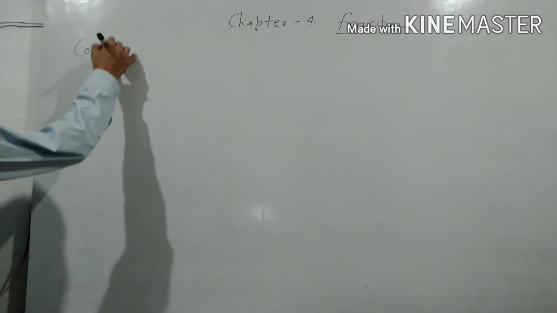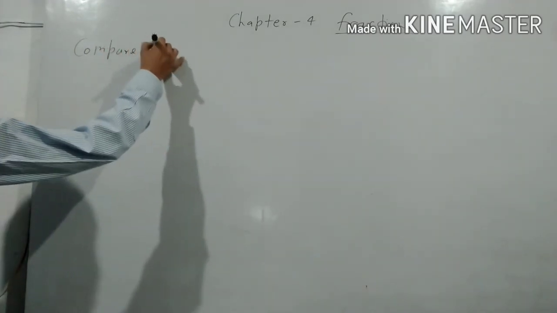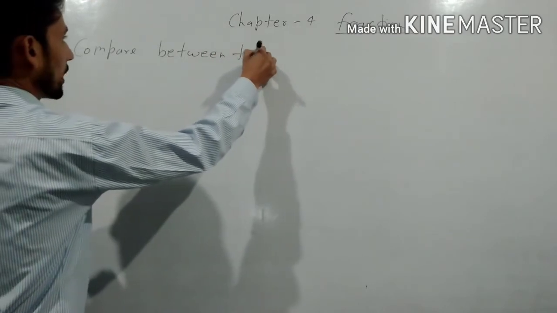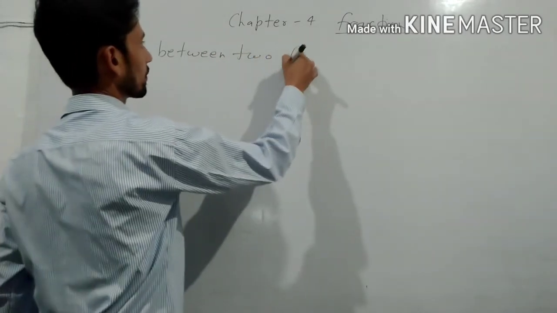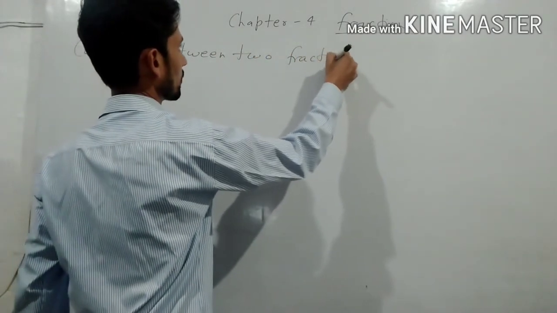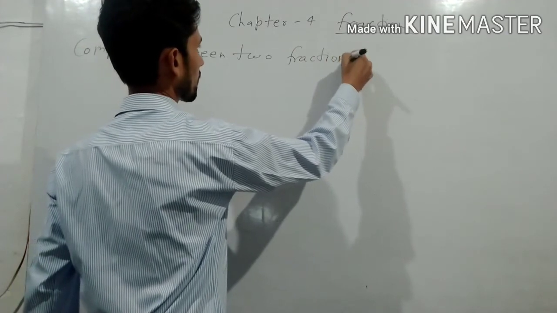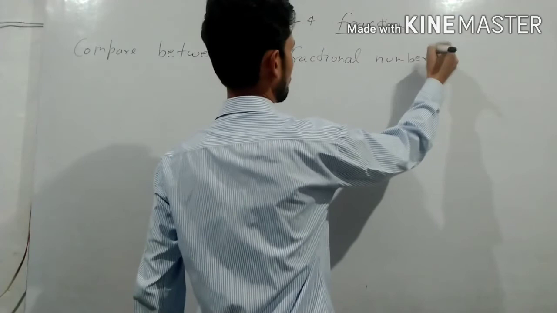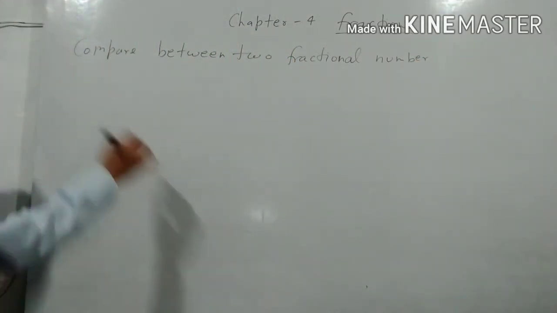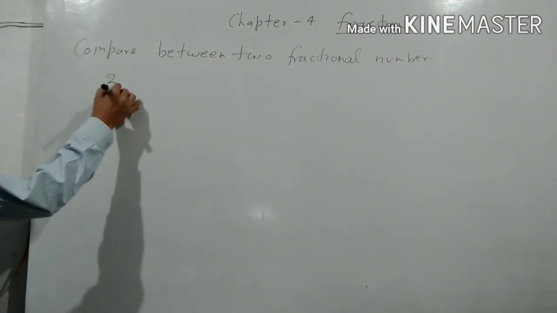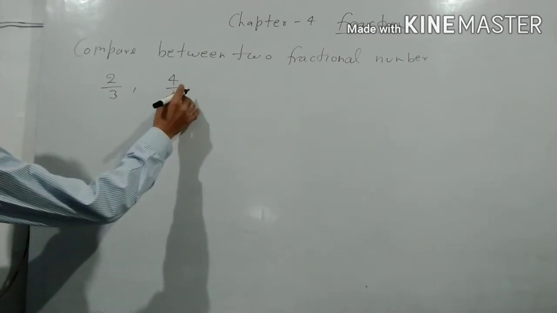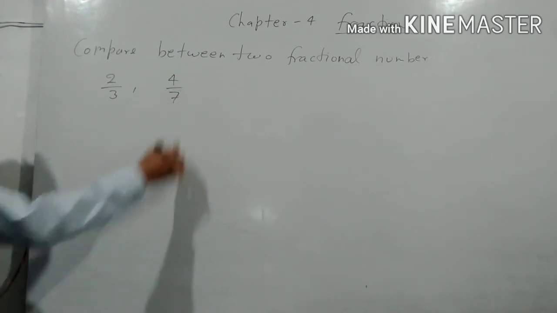Comparing two fractions. Now we want to compare 2 upon 3 and 4 upon 7, which is greater.